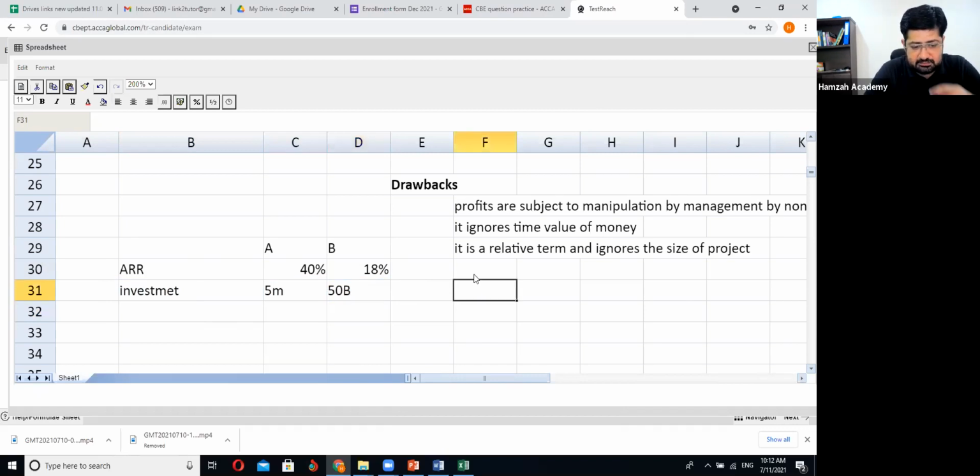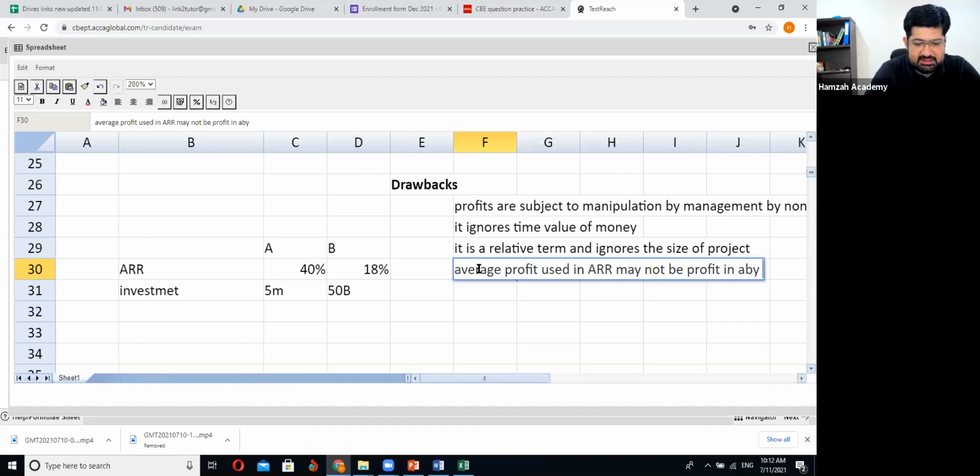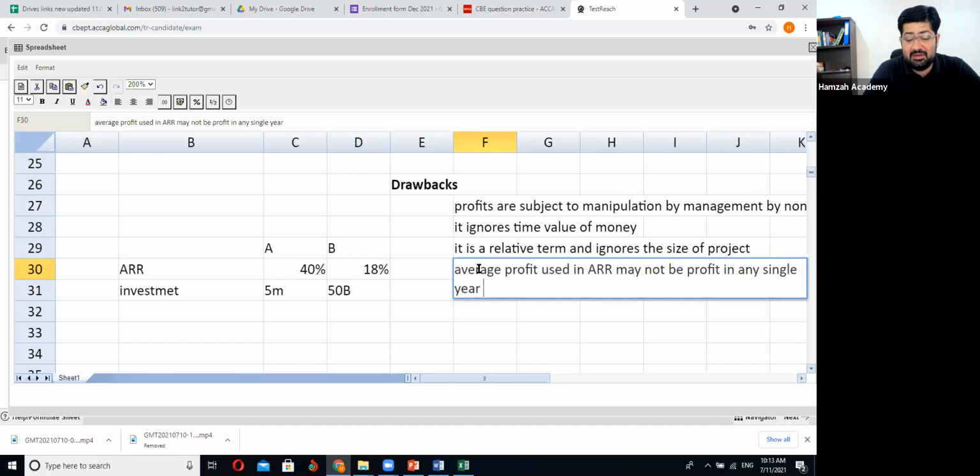Now, the average profit used in ARR may not be the profit in any single year. Note it down.